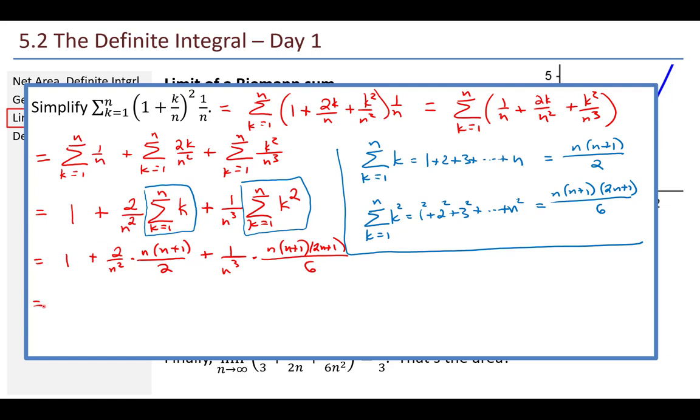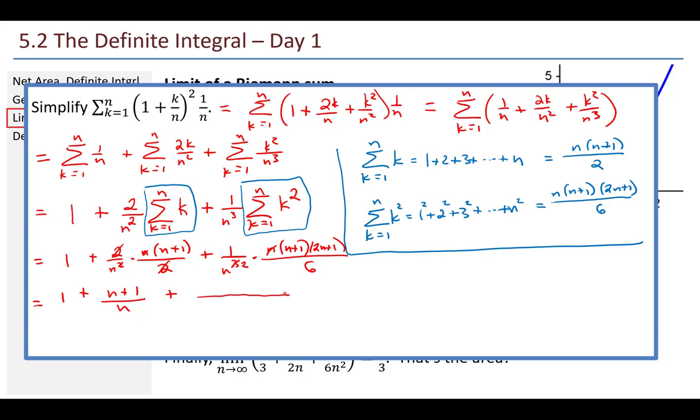Well, let's do some simplifying. This is 1 plus, let me cancel out the 2's, and I can cancel out a factor of n. So I end up with n plus 1 over n. And then for my last term, I can cancel out one of those factors of n, cancel out an n there.